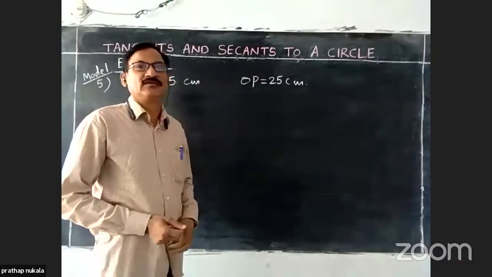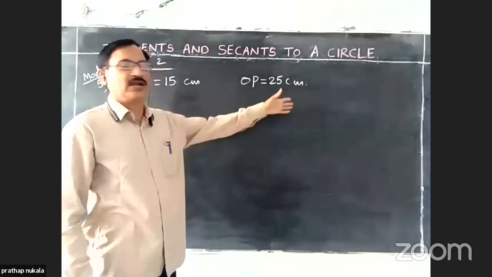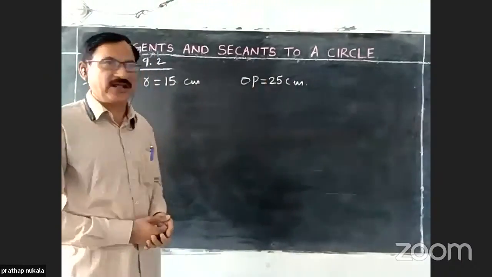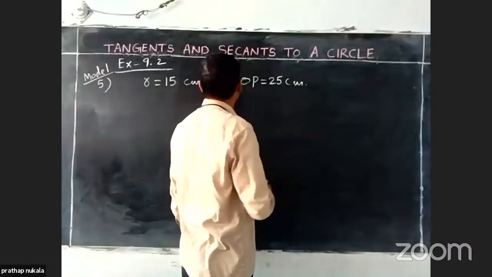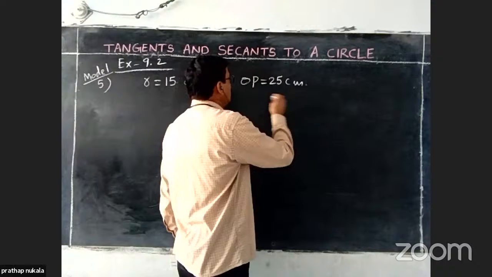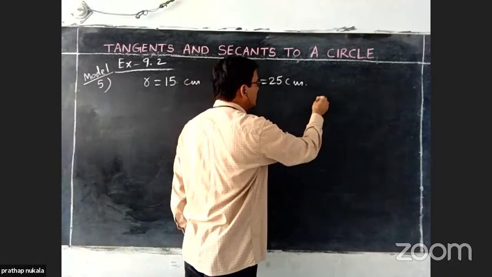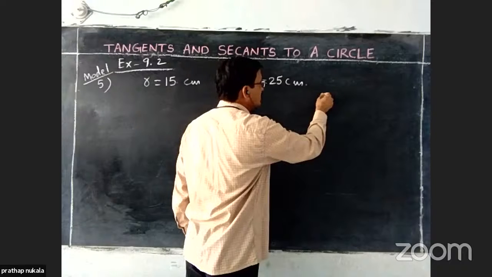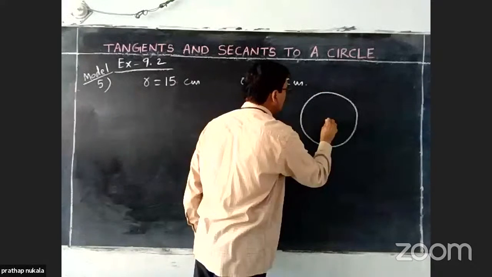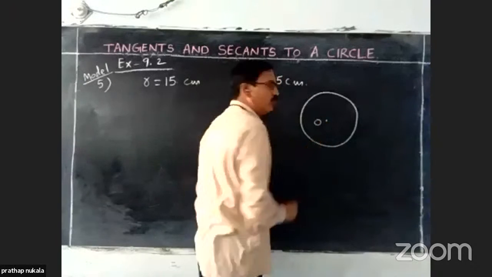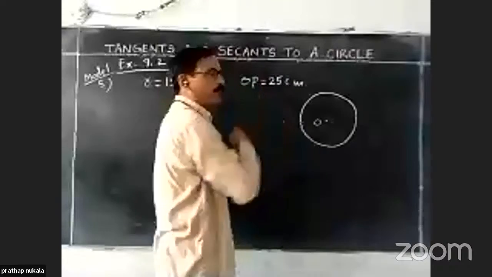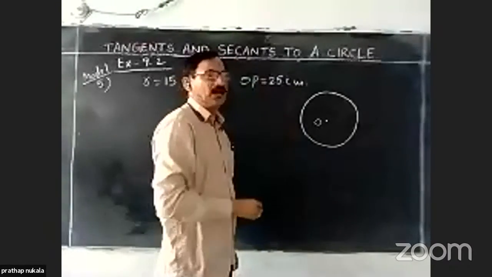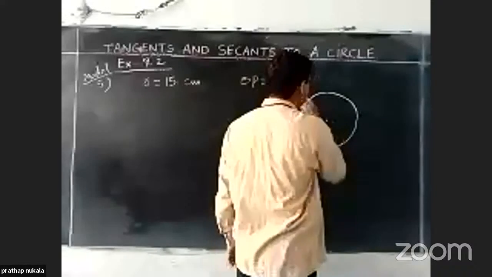For any construction, what is the first step? Drawing a rough diagram. Now I am drawing the rough diagram for this. First, draw a circle of radius 15 centimeters with center O. The radius is 15 centimeters from here to here, and locate a point P outside the circle such that OP equal to 25 centimeters.